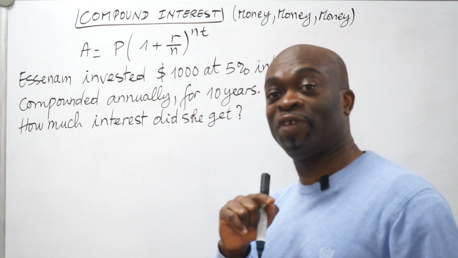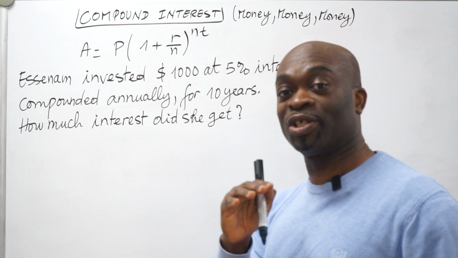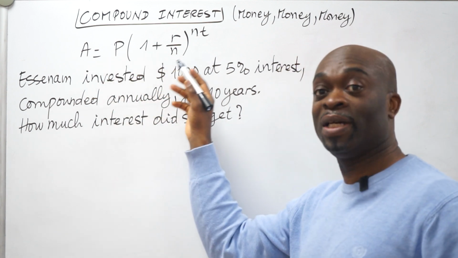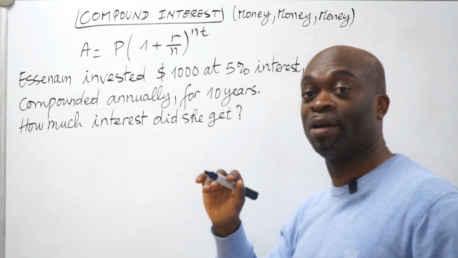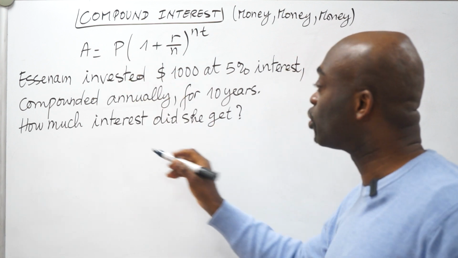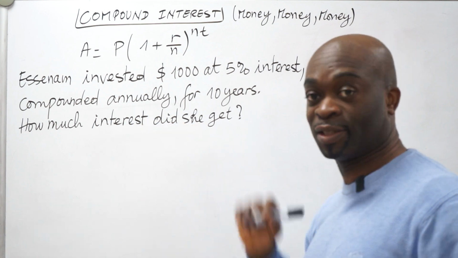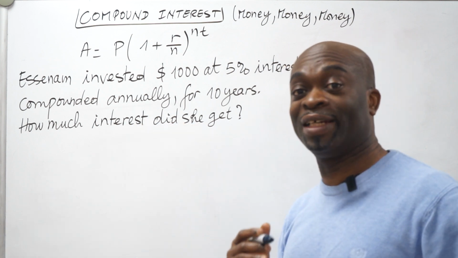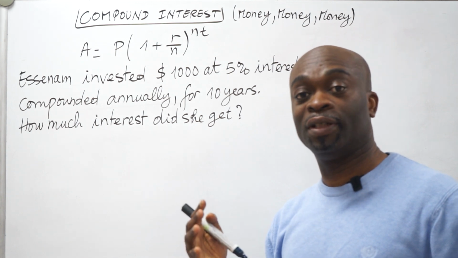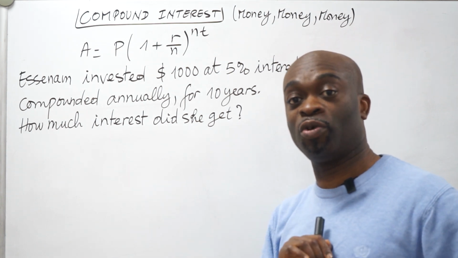If you watched the previous video, it depicted what all these letters, these variables, mean. In this case, we're trying to get the interest. But the first thing we can find is the total amount you're going to get, and then we can get the interest from it afterwards.